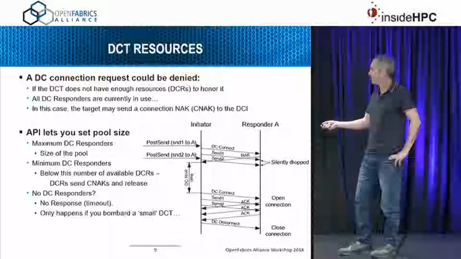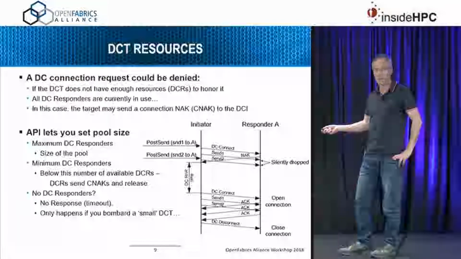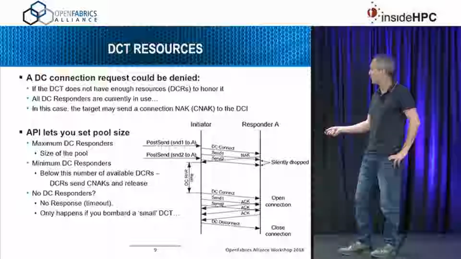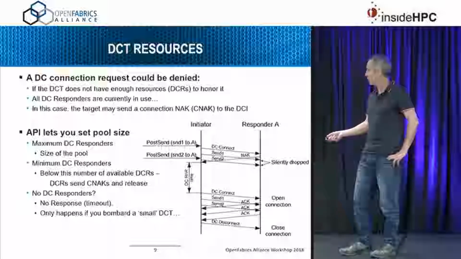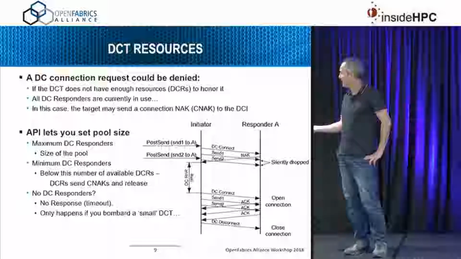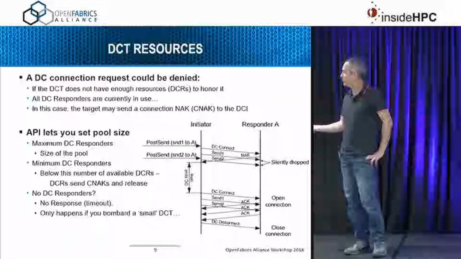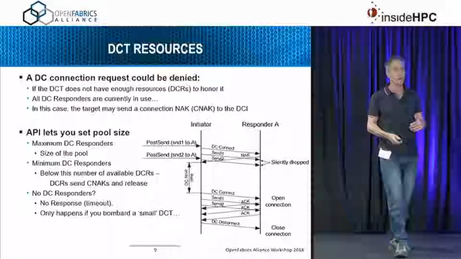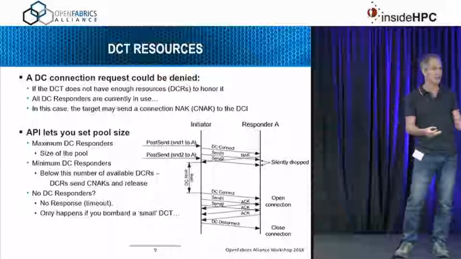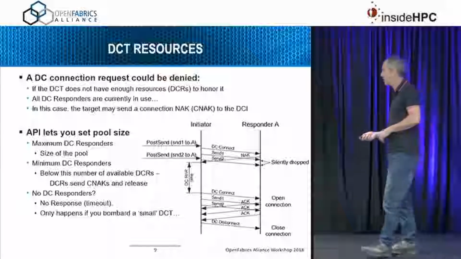So the initiator can wait a timeout and send a new connect request in order to try the send operation for the first one, second one, and receive the NAC. So we want to be able to maintain a pool of responders just to be able to NAC the connect request, the dynamically connected request.